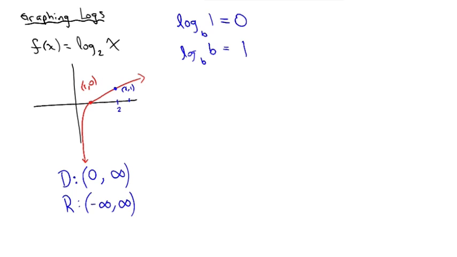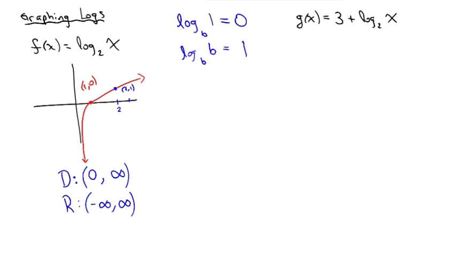Now that we have a nice base graph, we can manipulate it. For instance, what if we had g of x equal to 3 plus log base 2 of x? What does that do to the function?